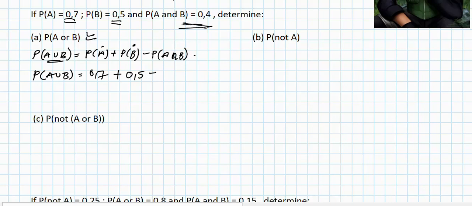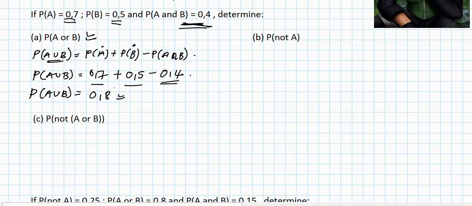Most definitely. Here's the probability of the intersection, 0.4. Right there. And by that, what are you going to have? You're going to have the probability of the union is going to be 0.7 plus 0.5. How much is that? That's 1.2. 1.2 minus 0.4, that's 0.8.